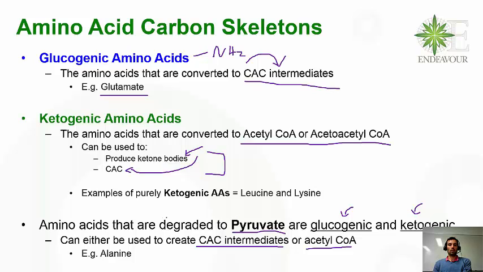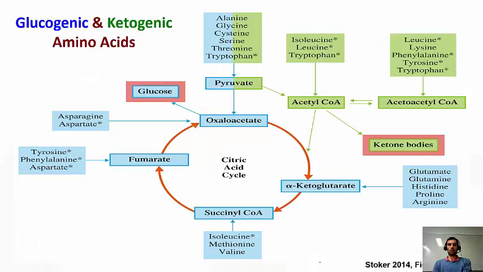Whereas if the amino acid breaks down into pyruvate once we remove its amino group, then it's both ketogenic and glucogenic because it can be converted into the citric acid cycle intermediates, or it can be converted into acetyl-CoA. So for example, alanine gets converted into pyruvate once it loses its amino group, so it's both glucogenic and ketogenic.